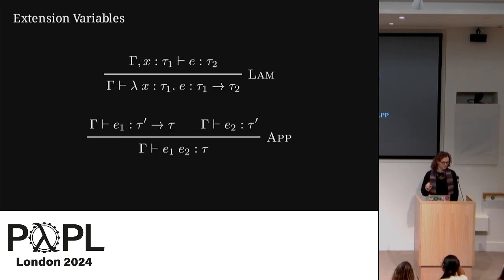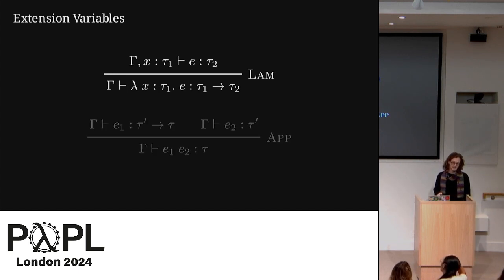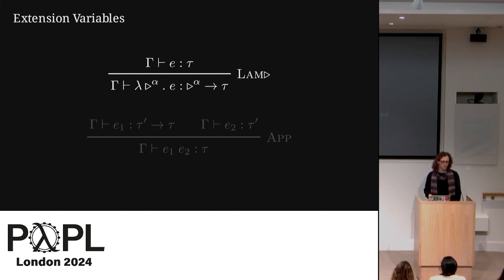But how do these work? Well, these exist as modifications to the lambda and the application rule. So let's look at the extensible lambdas first. So for this rule, here we have an extensible lambda, and this captures a notion of a lambda that during generation can have arguments added to it.